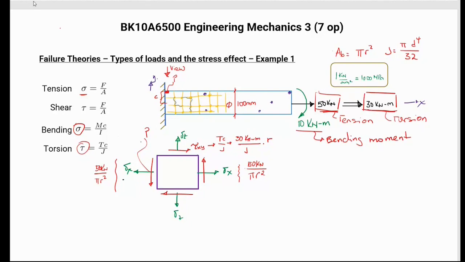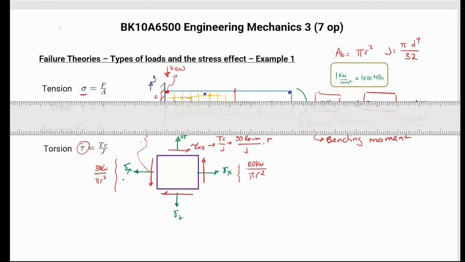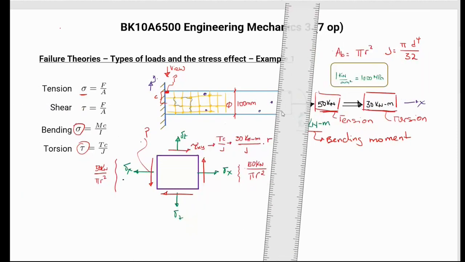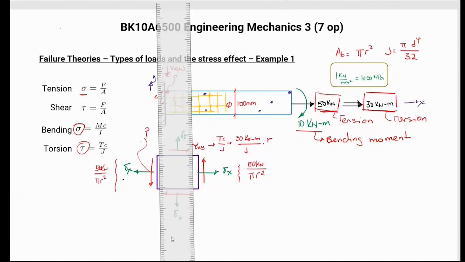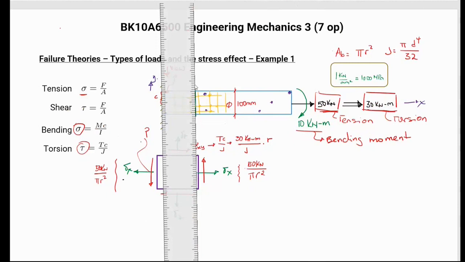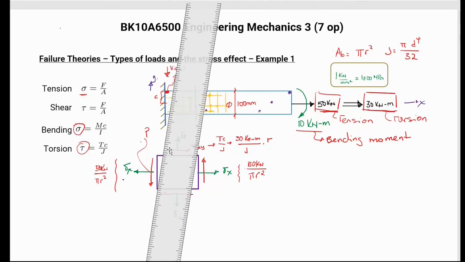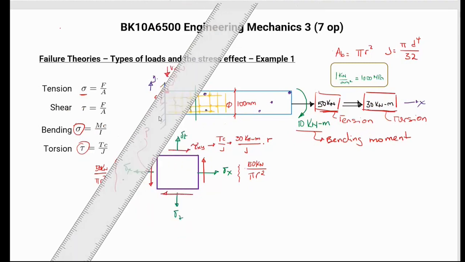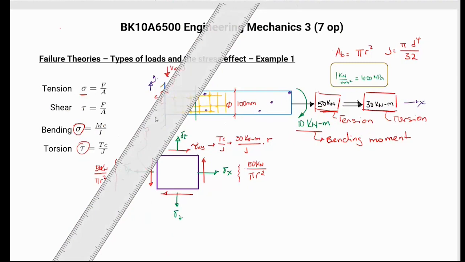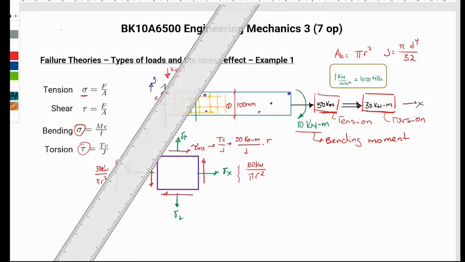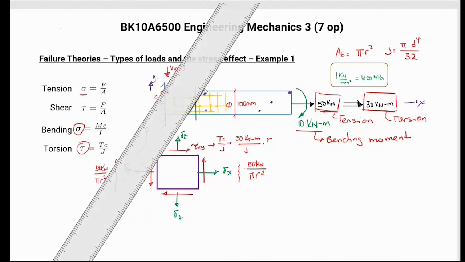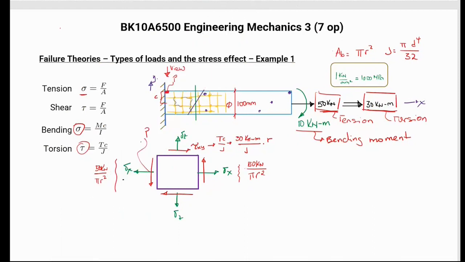Well, I know that if I split this with a line, we know the stresses are going to be split by the neutral axis. It's going to be something like this. Then you're going to have tension on the top, and here you're going to have compression.